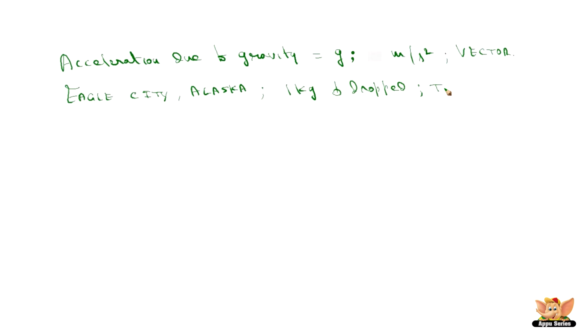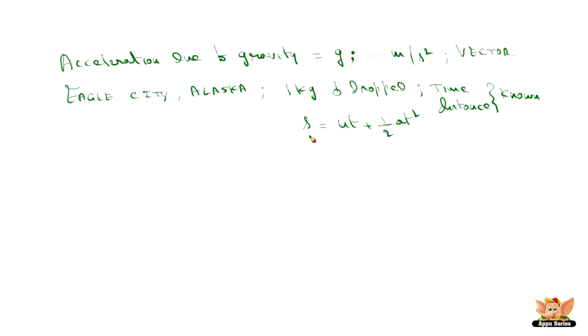The known parameters here are the time it takes to drop and the distance or height from which it is dropped. And from the equation of law of motion, we can find out the acceleration.